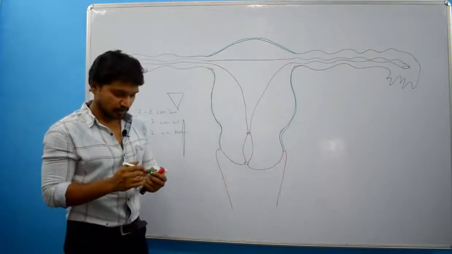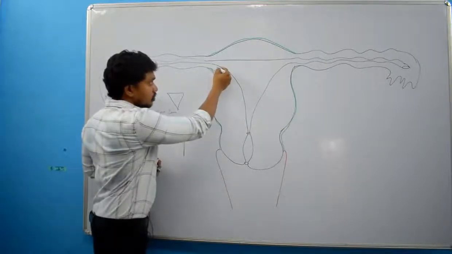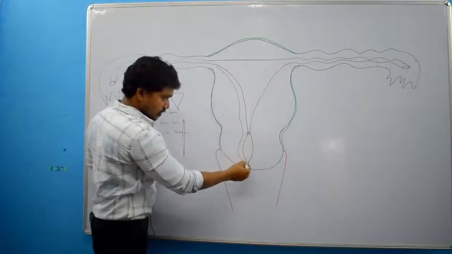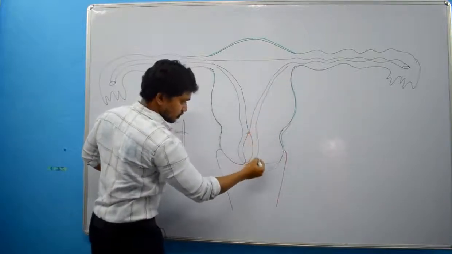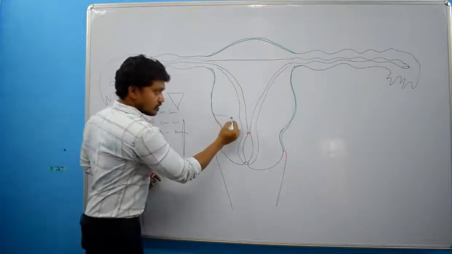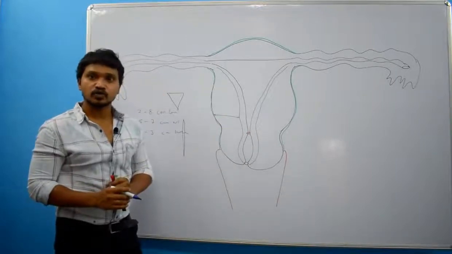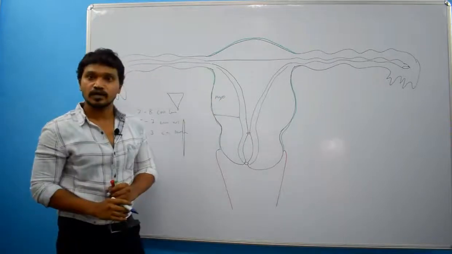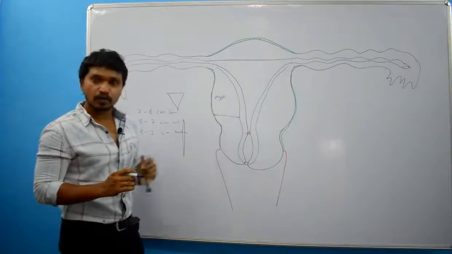It is a peritoneal covering, and next to it there is a thick muscular coat, which we call the myometrium. This thickest layer of the uterus is the myometrium. Myo means muscle, right? It is made up of muscle tissue, smooth muscle fibers.